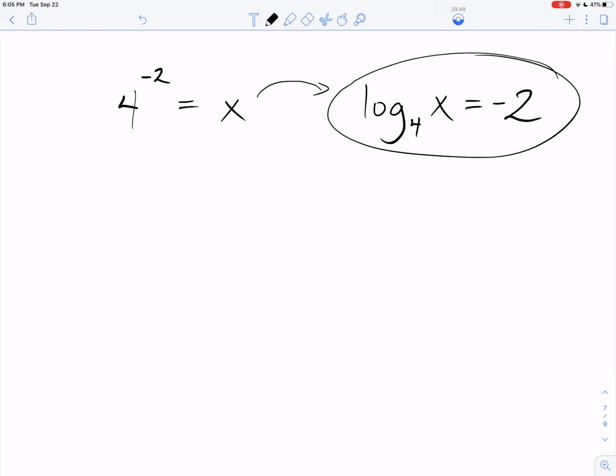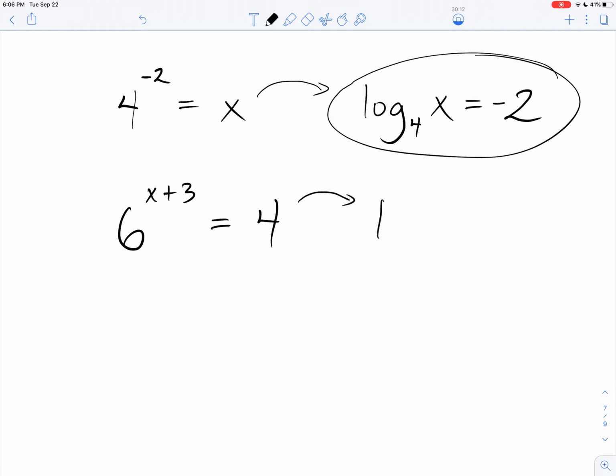What if I was to say something like this? And I said, convert this into a logarithmic statement. Go ahead, pause it, try it, and then unpause it, see if you got it right. Okay, here's the conversion.